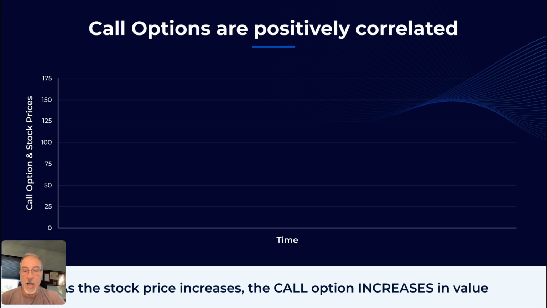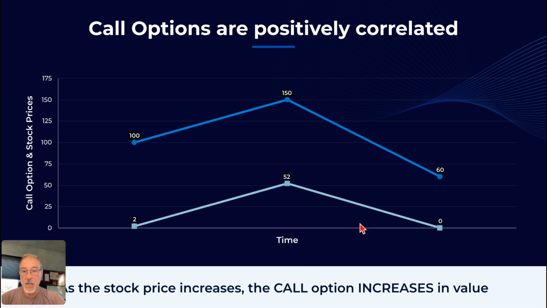So call options are positively correlated. What that means is that if I own a call option, it follows the price of the stock, usually a little bit less because we're paying a premium for that. But if the stock goes up, the price of my call option goes up. If the stock goes down, the value or price of my call option goes down.